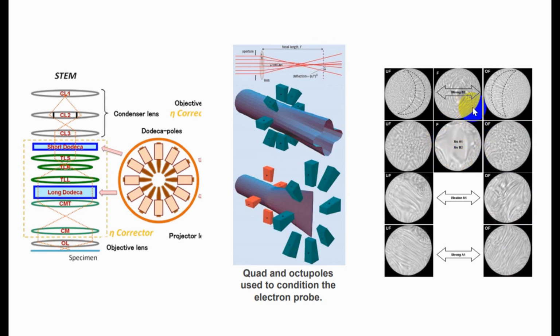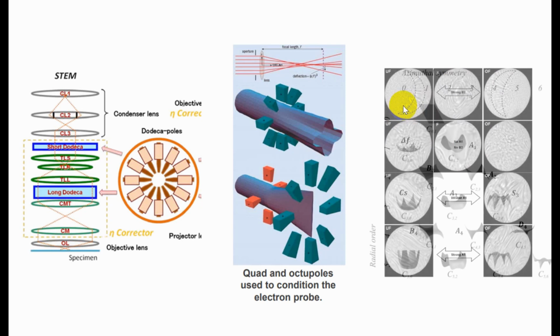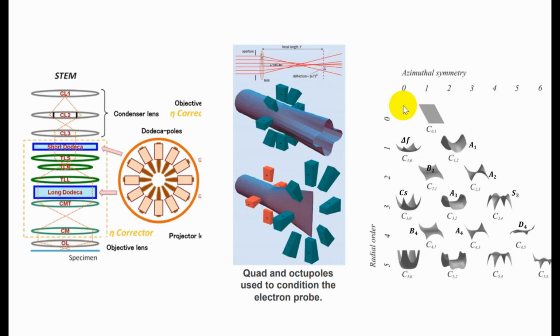If there is B2, changing the focus to under focus, the strongest area of magnification is flipped left to right, up to down, and vice versa. And not only low order aberrations, we also have very high order aberrations.